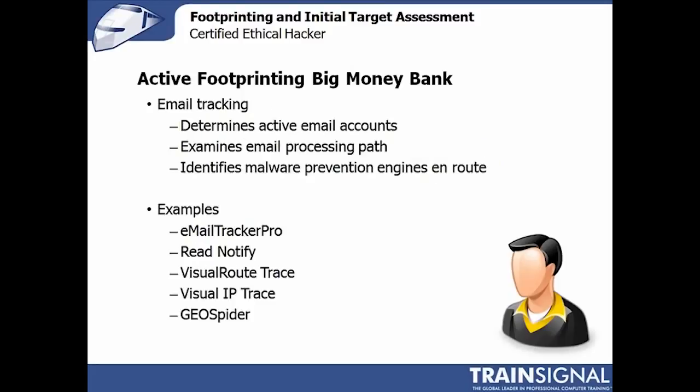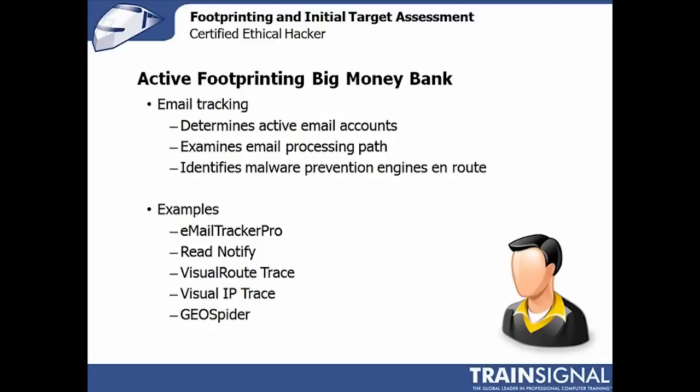phase. Another nice approach that I tend to use, there's a few different techniques for email tracking. So I'll target employees that I've found during the initial scan, during the passive footprinting, with trackable email. Trackable email gives me information about where the email is processed, who's opening it, where it goes, and so forth.